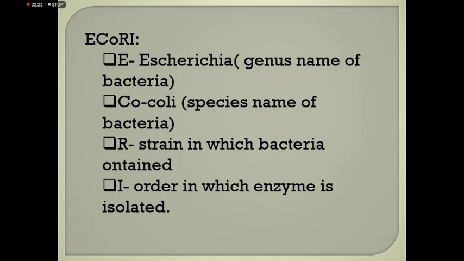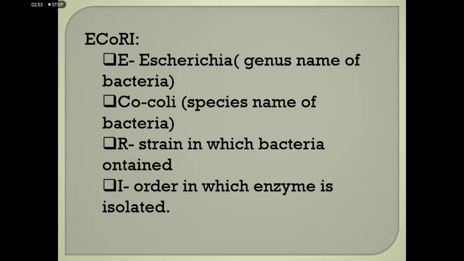Here is the naming of restriction endonuclease. EcoRI is a restriction endonuclease. In this EcoRI, E stands for Escherichia, the genus name of the bacteria. CO stands for coli, the species name of the bacteria from which this plasmid is obtained.